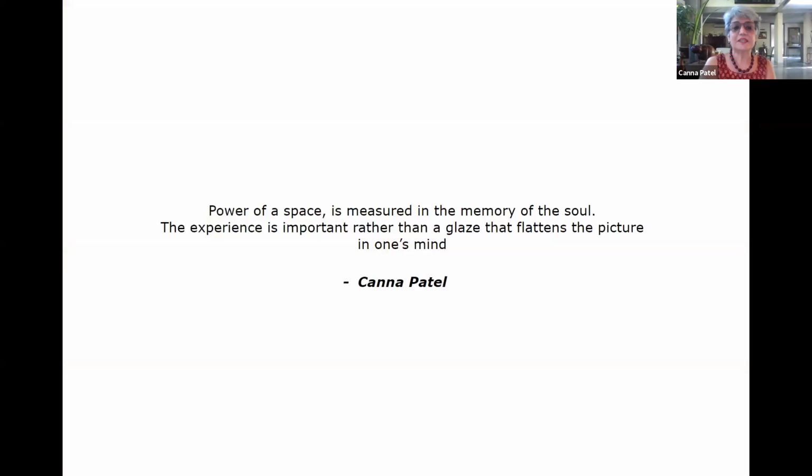So I would first say that in my mind, it has been very clear that the power of a space is measured only in the memory of the soul. The experience is important, and therefore just looking at pictures doesn't do the job. It just leaves a flat image in your mind. And therefore, a lot of our work has connected with the idea of experience.